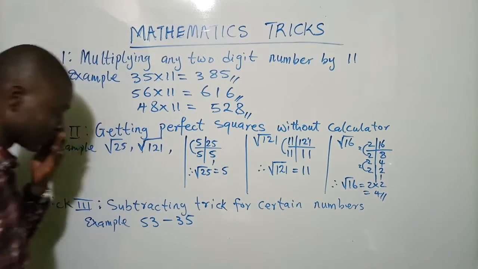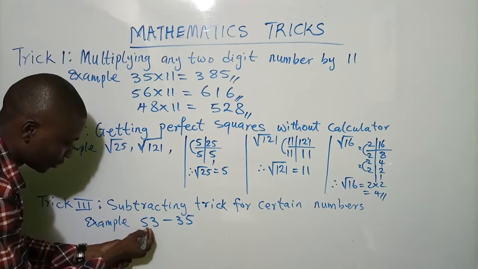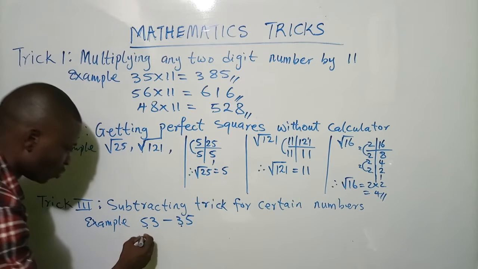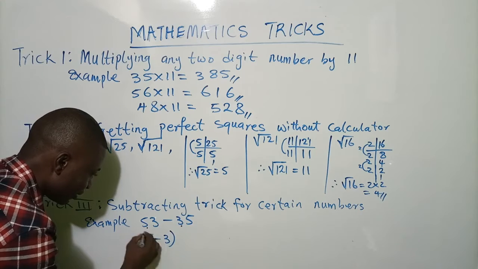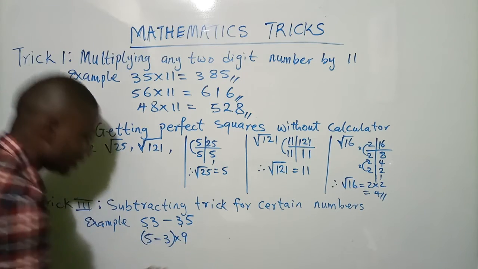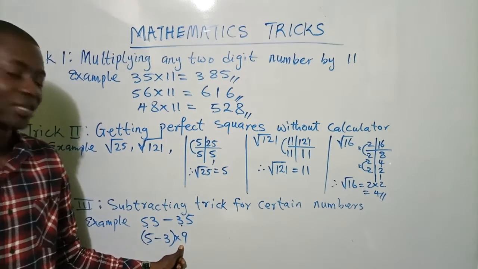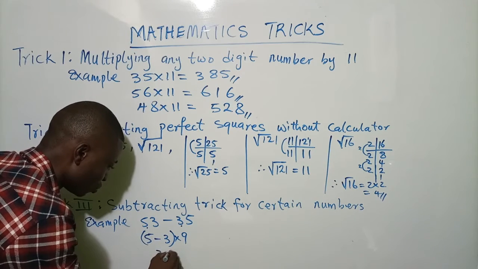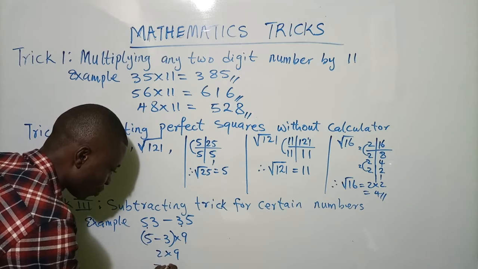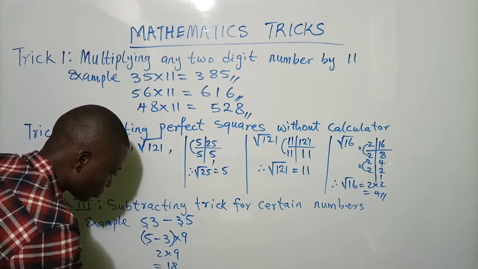We'll do something like this. Just look at this number and this number. We'll say 5 minus 3 times 9. This 9 is a constant. It's a constant. So 5 minus 3 is what? Is 2. 2 times 9 is equal to what? Is 18. And so that is the answer.